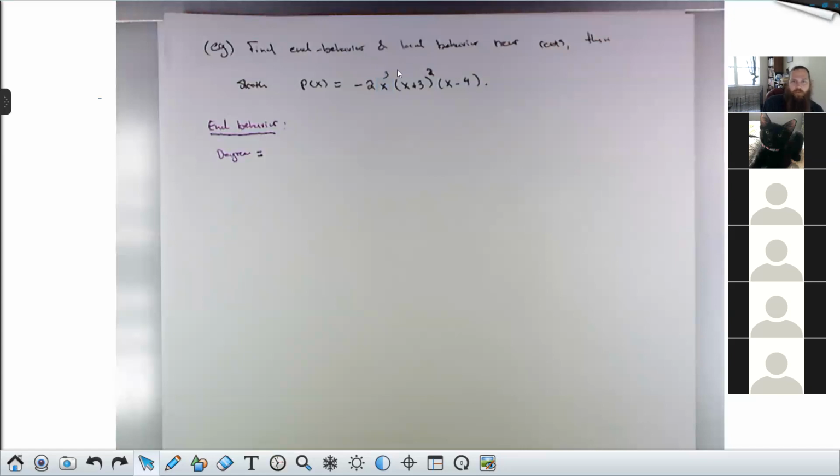So forget about the x cubed for a minute. If I multiply all this out, x plus 3 all squared, the highest order term there is just x squared, right? It would be x squared plus 6x plus 9. We know that. But this guy would have an x squared as his highest order term. So then when you multiply these two together, the highest order term would be x cubed, right?